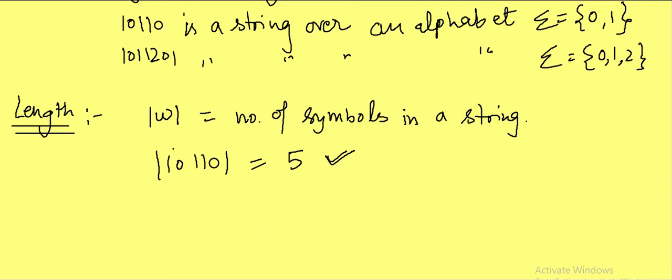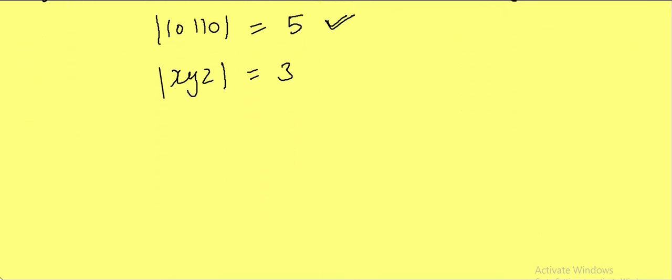Another example is xyz, which is a string, and its length is 3. They ask these types of questions in your exams, in 1 mark or 2 mark questions, so you must remember these things.